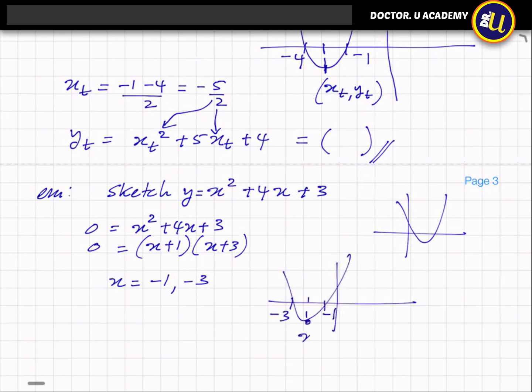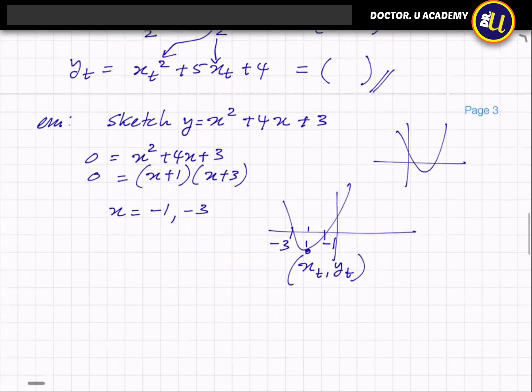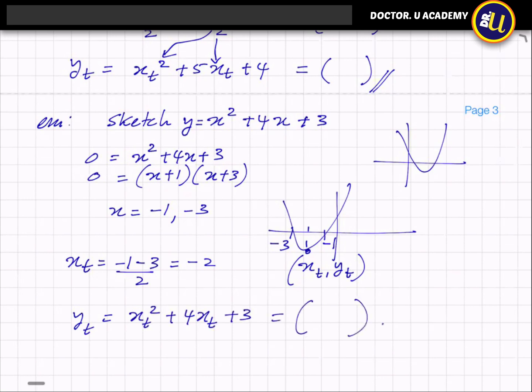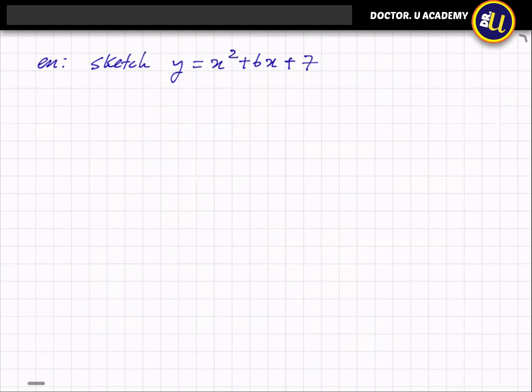So this is xt and yt. So you can do a similar job. So xt would be (-1 -3) divided by 2, and it's going to be -2. So yt would be xt squared plus 4xt plus 3, and when you substitute this value here, that would be your answer.